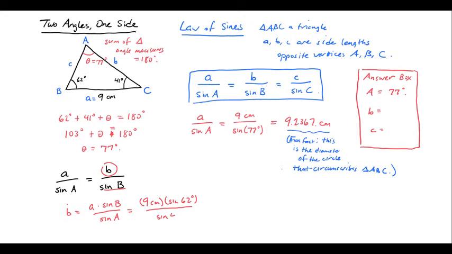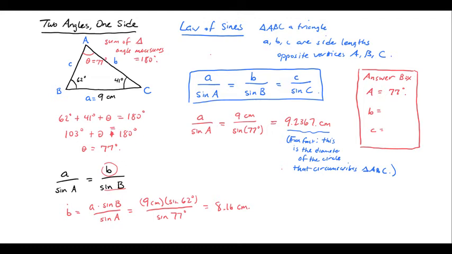Not 40. A was 77 degrees. And now I'm going to use my calculator to figure out what that is. Let's ask Cortana, 9 times sine 62 degrees over sine of 77 degrees. That gives me 8.15, let's just call it 8.16 centimeters. That's just due to rounding there.